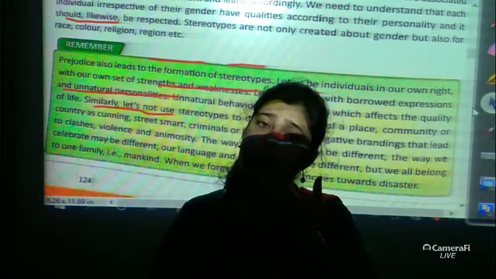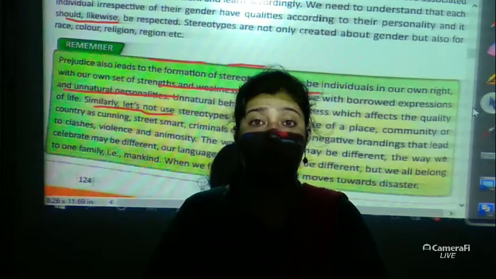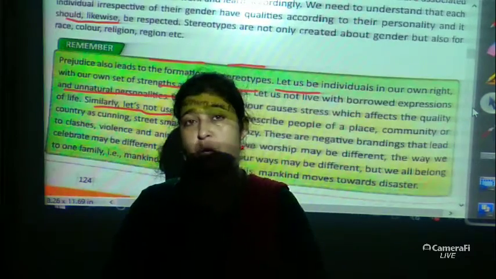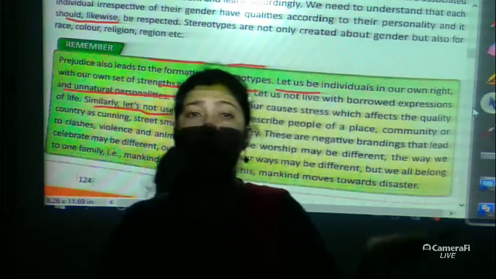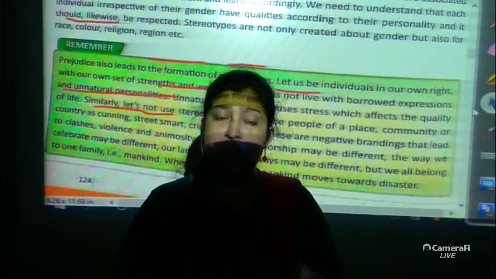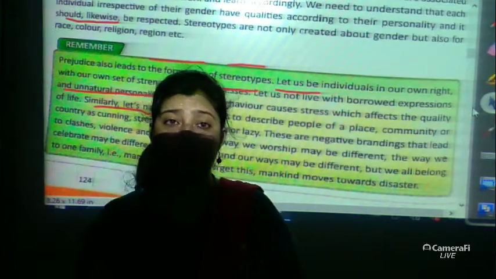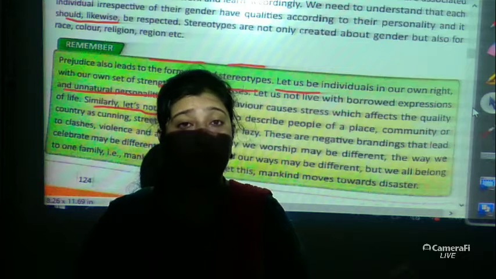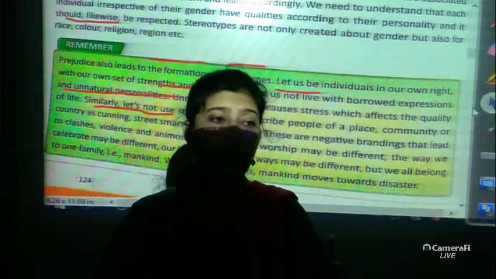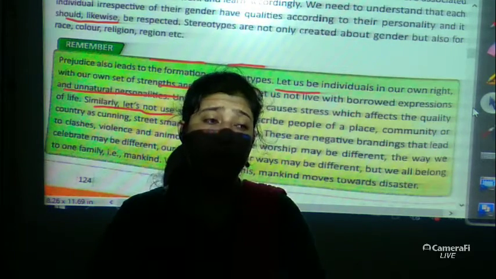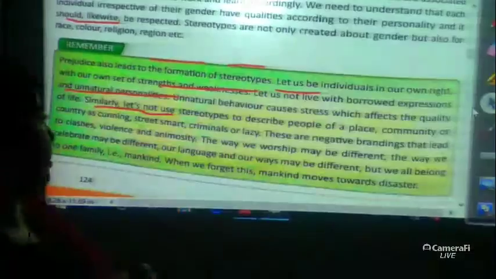Suppose a girl prefers the art subject, but her parents or family members say no, we like the science subject, so she has to learn science. So this is forcefully given to her. Maybe she likes history and geography very much, but parents like science, math, biology, physics. So we want that you have to do this, and this is forceful pressure.